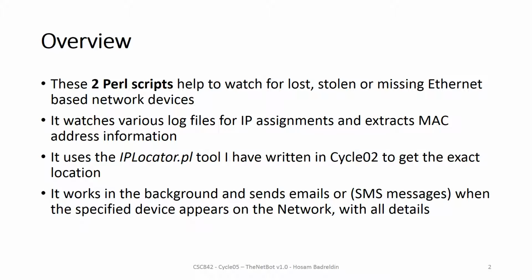The script will keep a tail -f on the DHCP logs and other logs, and once that MAC address shows up on the network asking for an IP address assignment, the script takes the MAC address, looks it up in the logs, finds the corresponding IP that DHCP gave it, and runs that IP through the IP locator, so you pinpoint where the device is at that moment. It takes all that information, parses it, uses sendmail to format an email, and sends it to our abuse center or our security center.